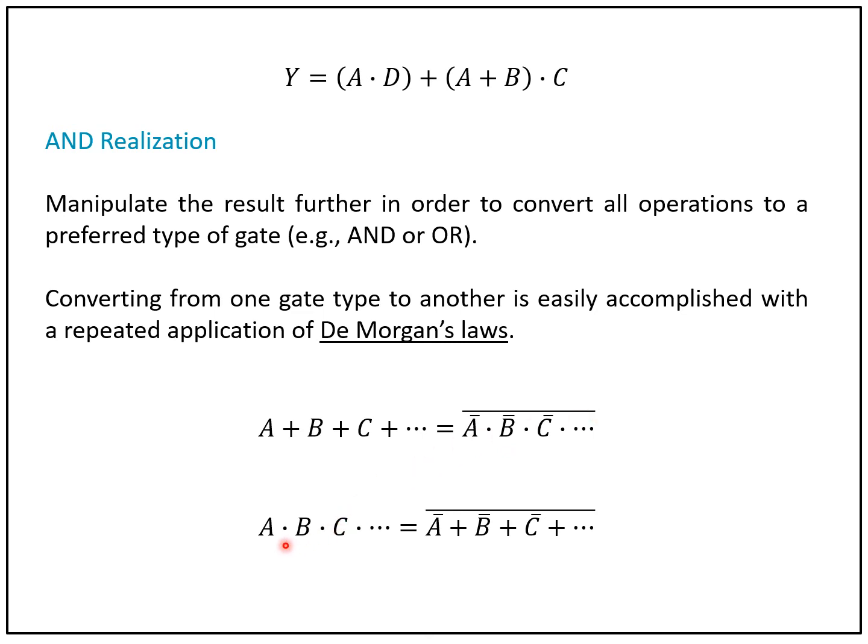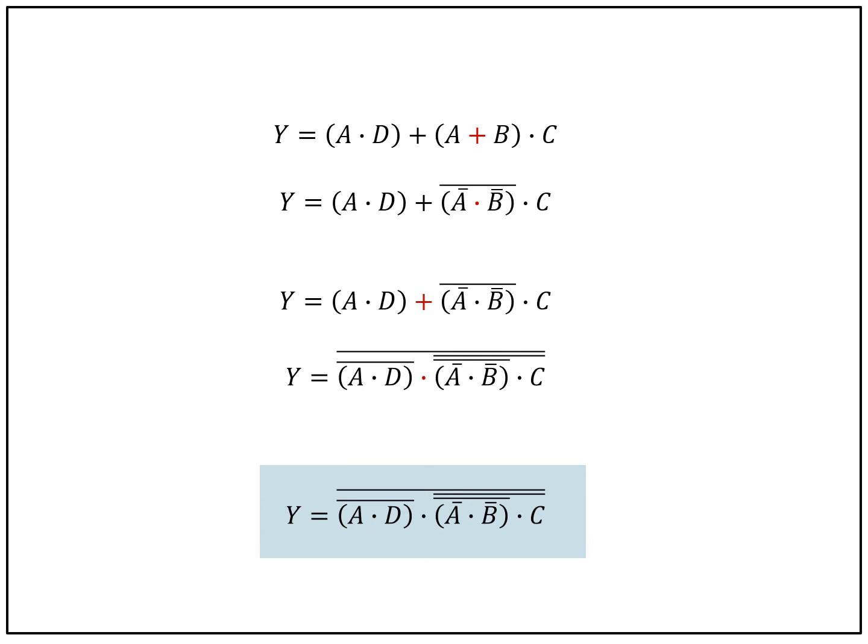The same thing if we had AND and I want to exchange it with the OR. You can do that by inverting each one of the variables and then inverting the complete result after interchanging the logic. So this is how we apply De Morgan's laws.